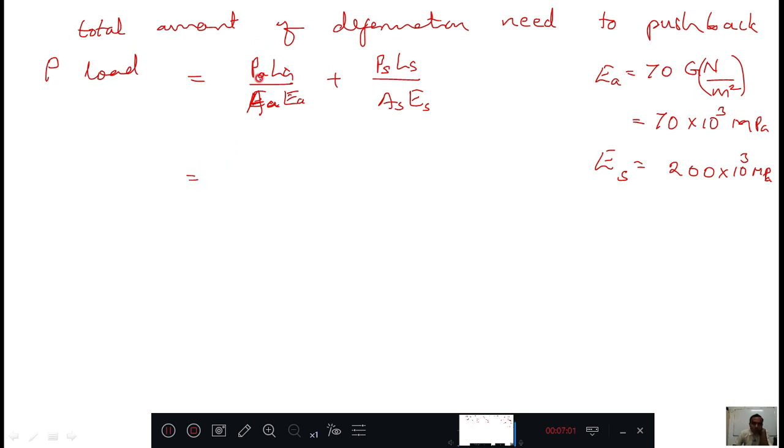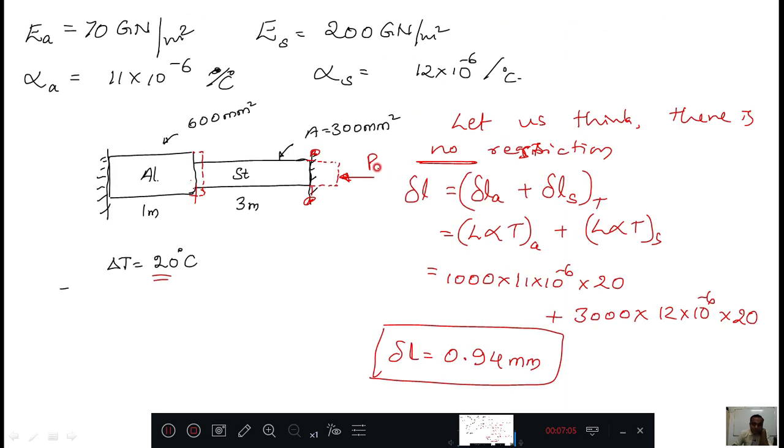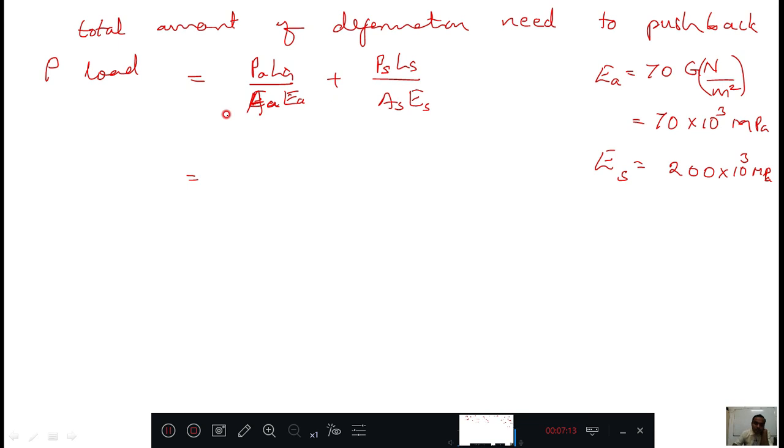I will substitute here. Now see this P_A and P_S. Go back to the figure. Whatever P you are pushing here, the same P will push this also. Therefore P for aluminum and P for steel are the same, so I will take P outside as common.